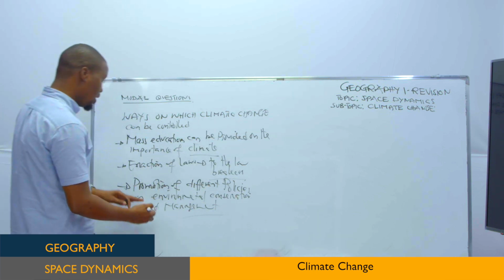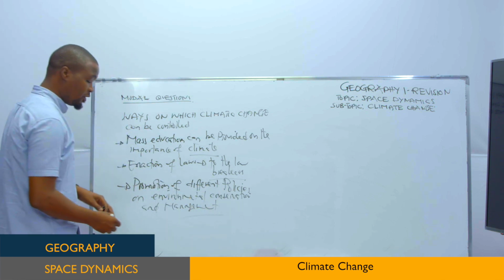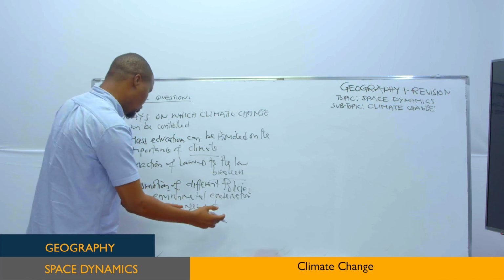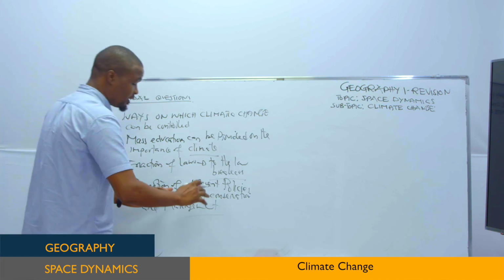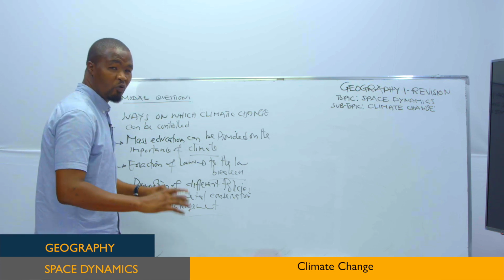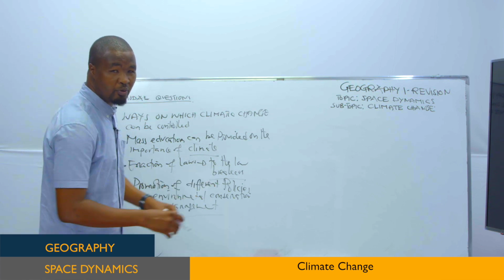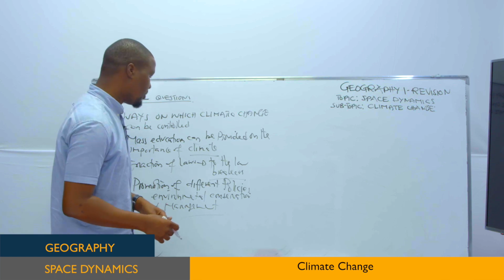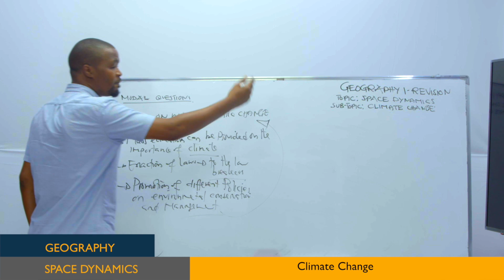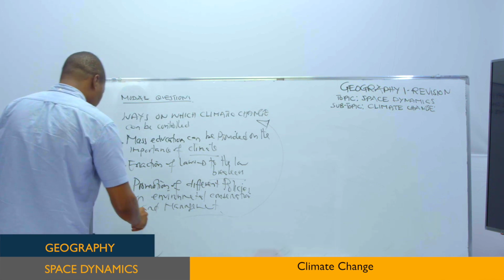So once we formulate different policies based on the sustainable use of the environment in a positive way, it means we maintain the environment in a good way. Are we together? We may conserve the environment. We may protect the future use of our environment, avoiding the climate change in a negative way.